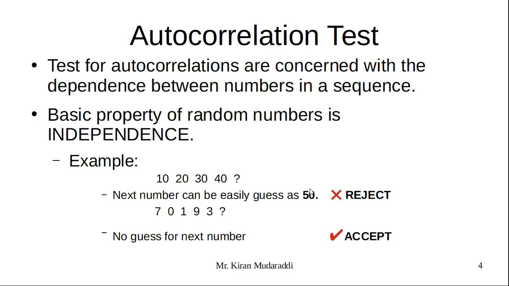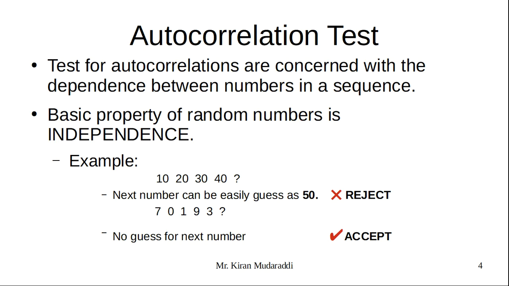This property is called independence. It is one of the basic properties a random number should possess. If there is a large set of numbers, it is too difficult to test whether they are dependent or not. For that reason we are using the autocorrelation test algorithm.